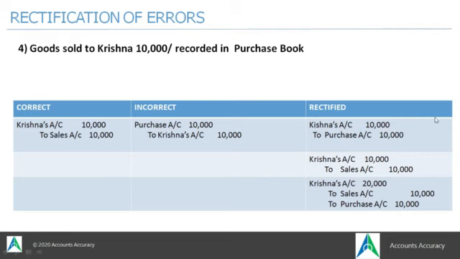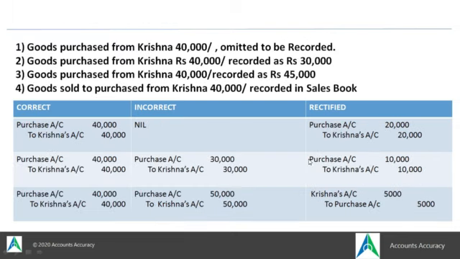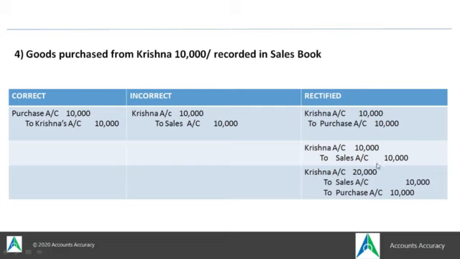So both Krishna entries could be combined, and you can pass the combined entry for both these journals as Krishna account to sales account to purchase account. Krishna was debited with 10,000 plus 10,000, that will be made as 20,000, to sales and to purchases. Both the above journals will be combined, and this will be the rectified entry for the transaction, that is Krishna account to sales account to purchases account. Clear? This is your rectified entry.